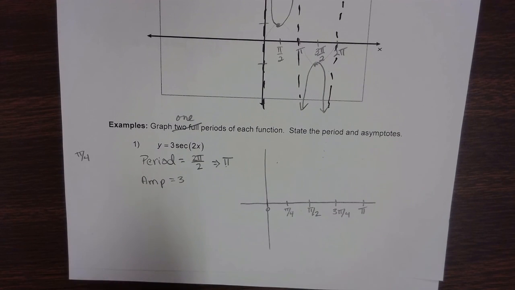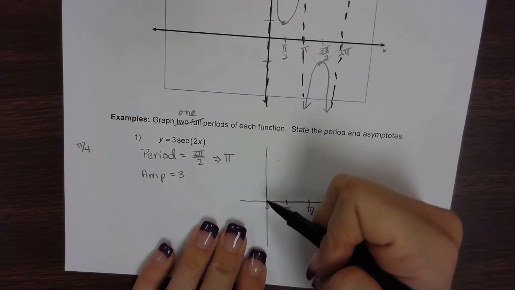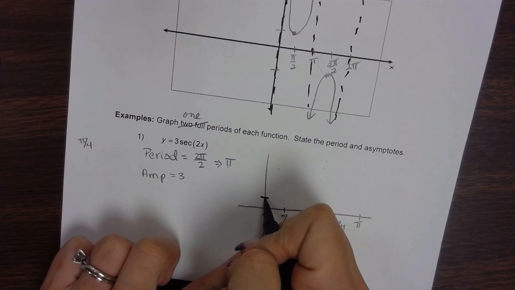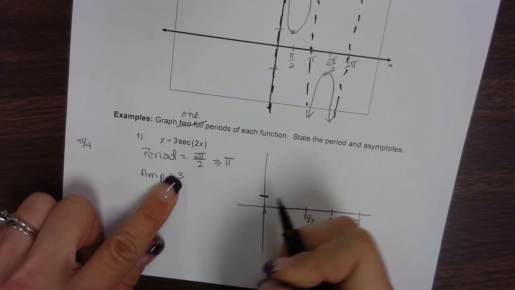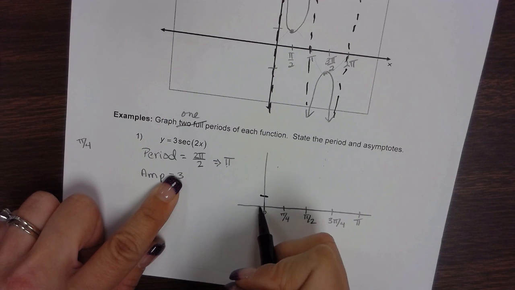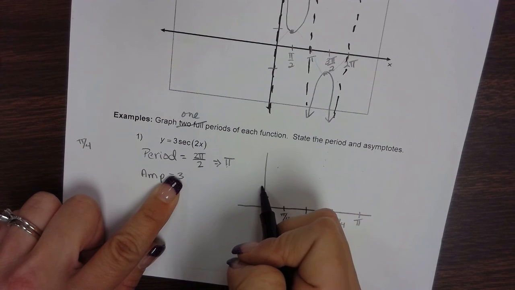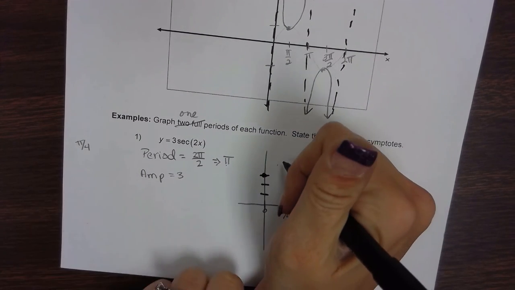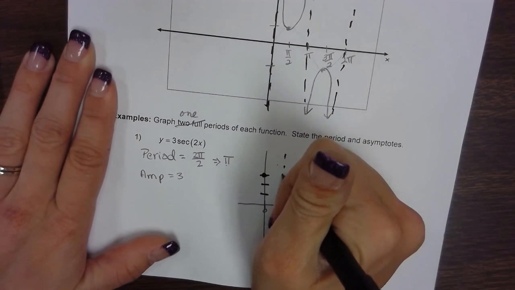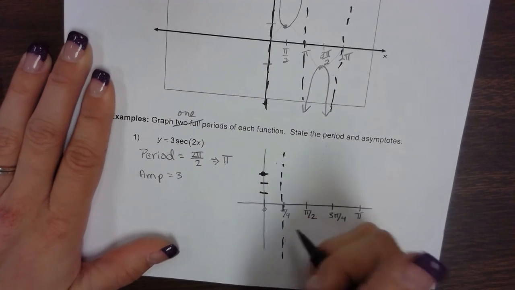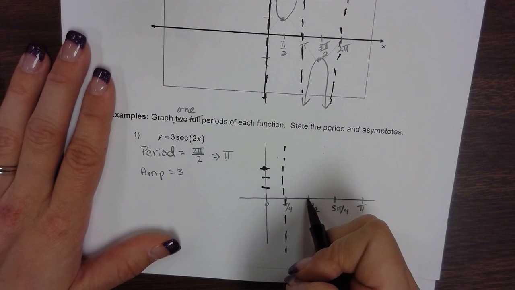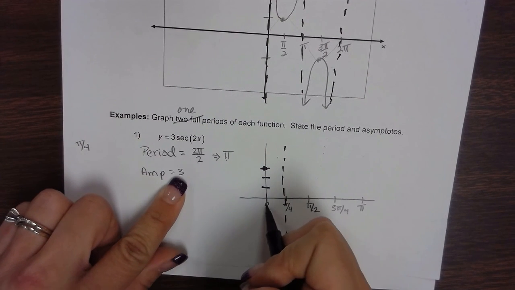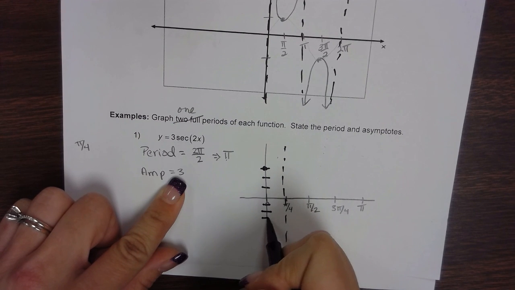Alright, now with secant, we start with our point. Now usually we would start at 1, but we know we have an amplitude of 3. So if there's no vertical shift, we go up 1, 2, 3. So there's our point. That means our next mark is the asymptote. Our next mark should have been negative 1, but we're doing an amplitude of 3, so instead of negative 1, we're going to go down 3.